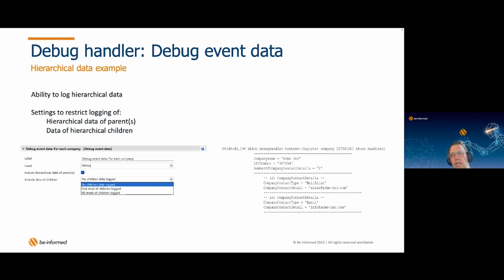One drawback of this handler could be that if you choose all levels of children, a lot of information is logged at this moment. And with the new debug functionality, it's better readable, I think, than the previous one. Okay, that's about the normal debugging event data.